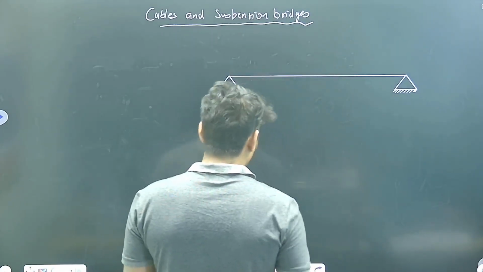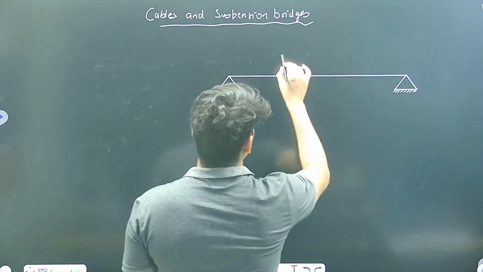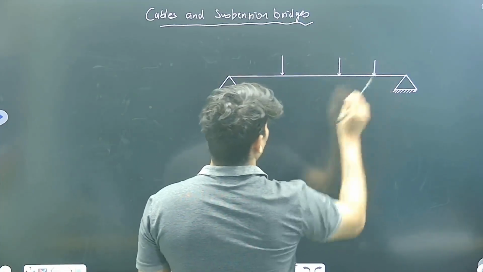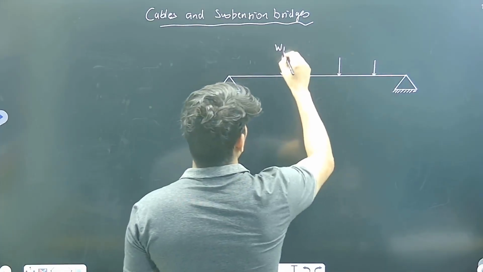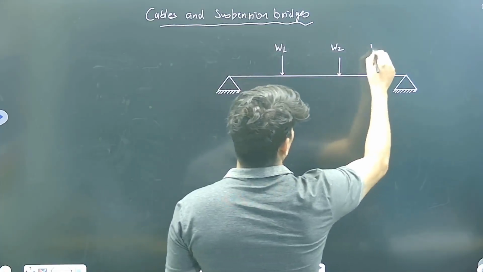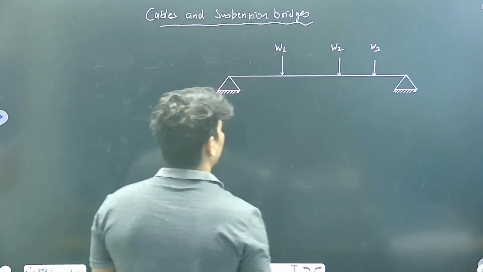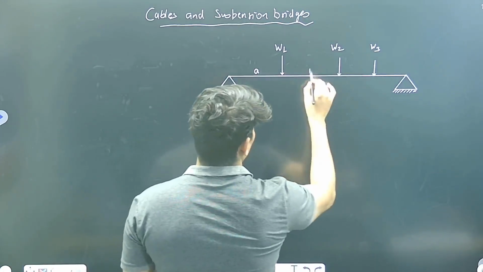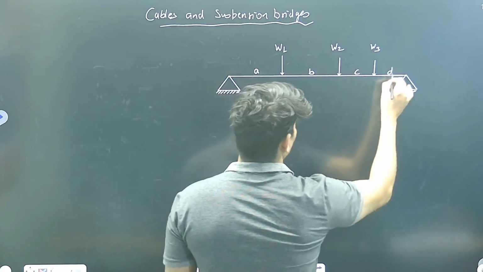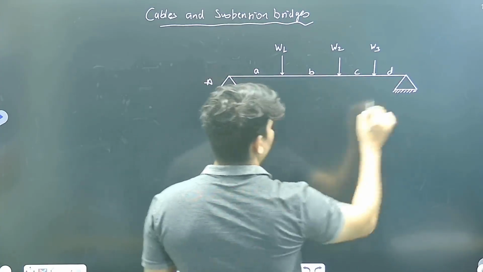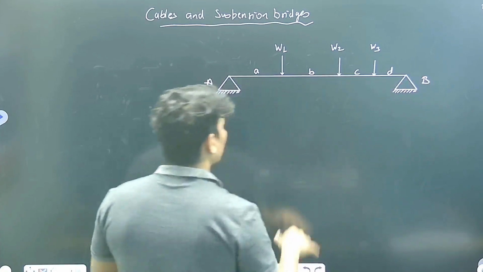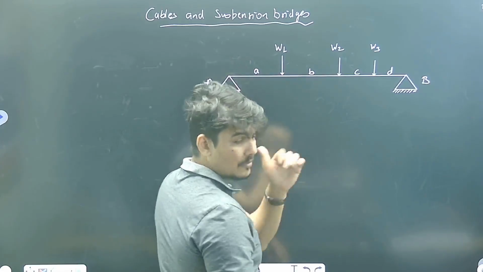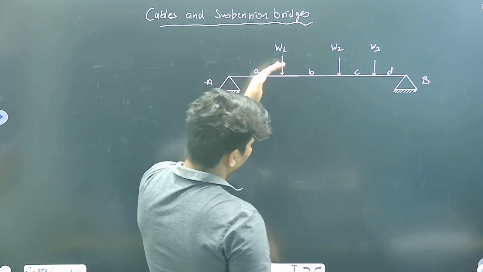But when these cables are subjected to some loads like this, suppose W1, W2, W3 are the loads applied at a distance, suppose A, B, this is C, E, support A and B are the hinge supports. Due to application of these point loads W1, W2, W3, this cable tends to bend, right?